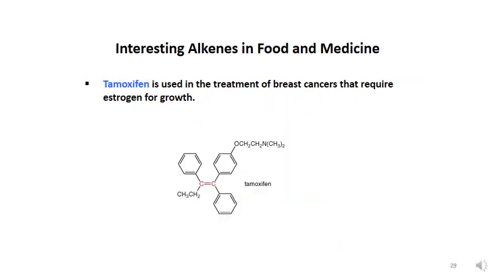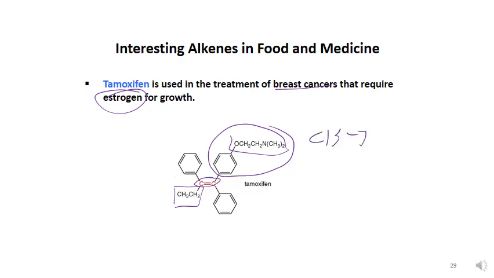Tamoxifen is a breast cancer chemotherapy for those breast cancers that want to grab estrogen. And you can see that carbon double bond. And I hope you can see that since this and this are different, we could also have cis-trans isomerization here, right?